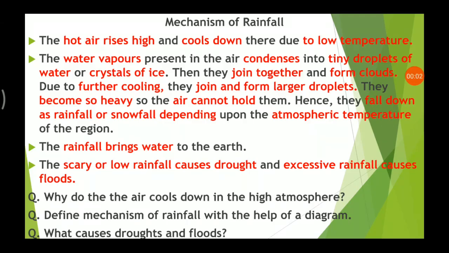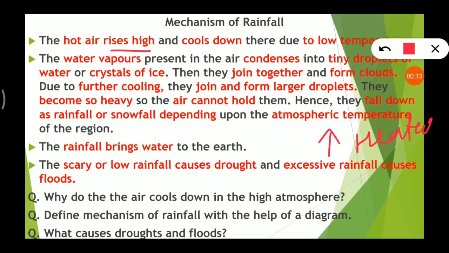Mechanism of rainfall. The hot air rises high, as I had told you in our previous lecture. Heated air rises high, then after there is low temperature in the high atmosphere, so that hot air cools down there, and the water vapors which are present there in the air condense into tiny drops of water or crystals of ice.